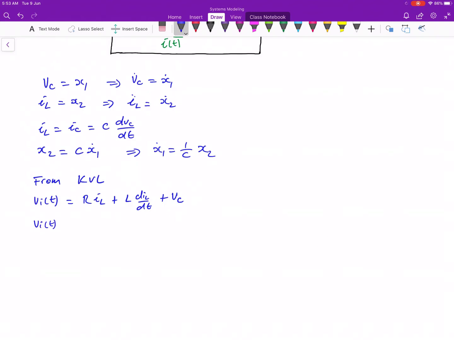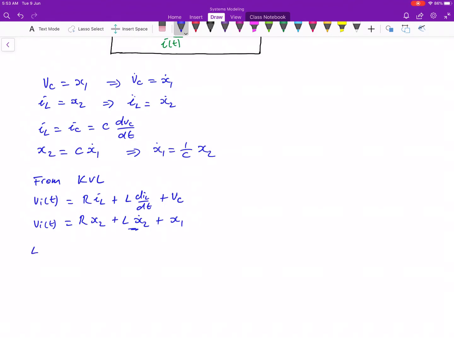Now I can change our variables. Our input voltage is equal to R times IL, which is X2, plus L dIL/dt. The derivative of the current is X2 dot, so X2 dot, plus VC, which was X1. Now I can rewrite this equation in terms of L times X2 dot.